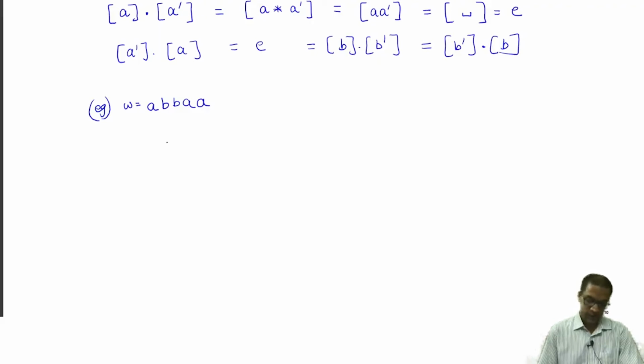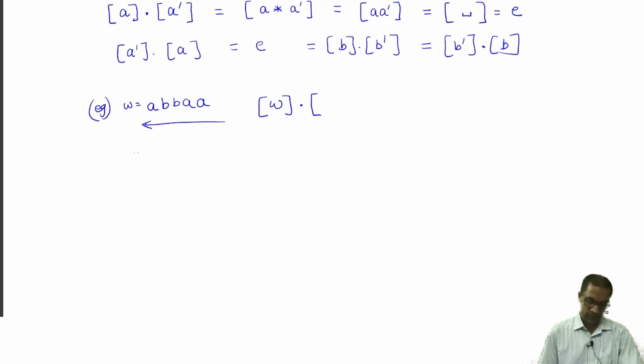I want to know what is the inverse of this word. I claim here's a simple prescription. You just look at this string of letters, you read them in reverse, and when you read them in reverse, you just change all the A's to A primes and B's to B primes.